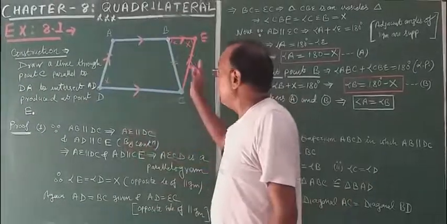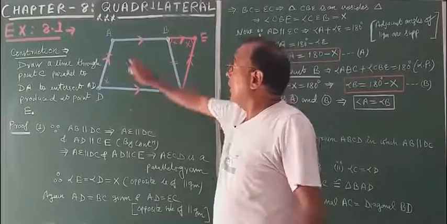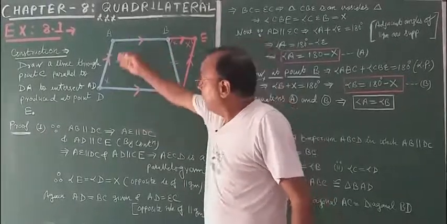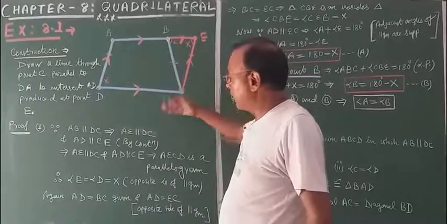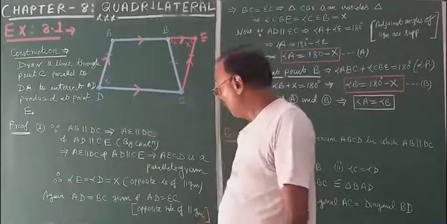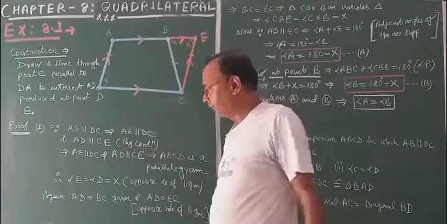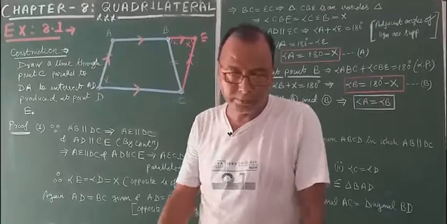Why is AECD a parallelogram? Because AE is parallel to DC and AD is parallel to CE, by construction. Therefore, AECD is a parallelogram. Now again look.